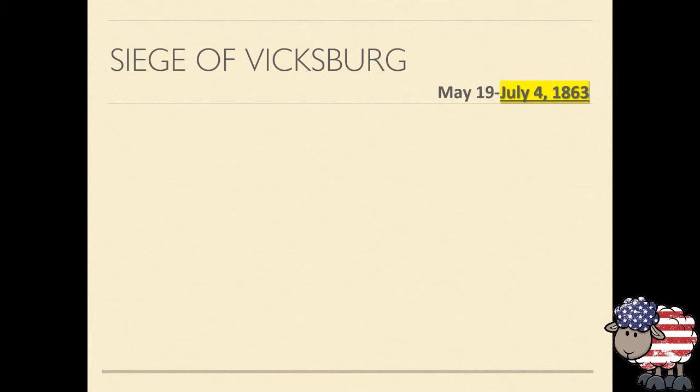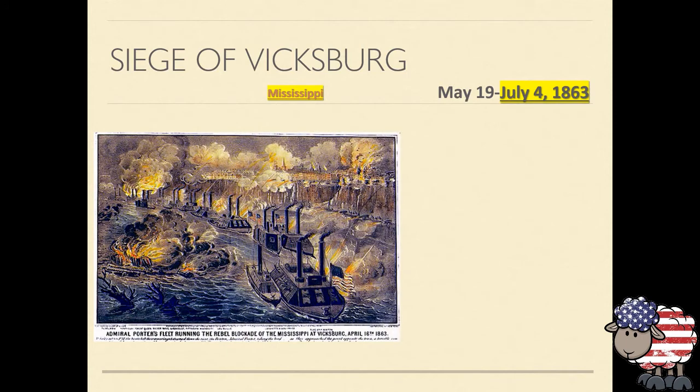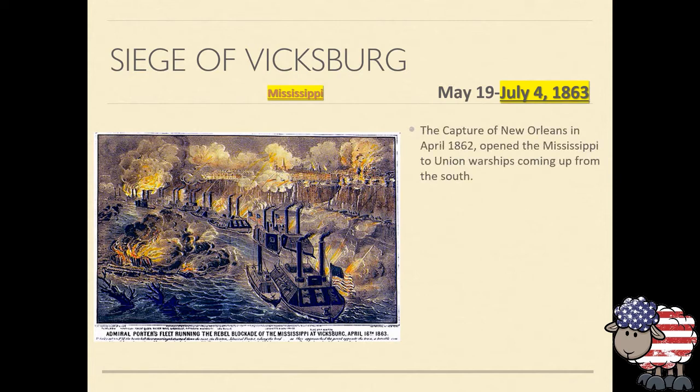July 4th, along the Mississippi River. Continuing on here, the capture of New Orleans opened the Mississippi to warships. So remember the Battle of New Orleans. Admiral David Farragut, the North controls the port of New Orleans.